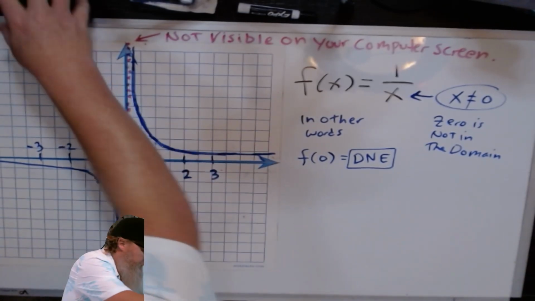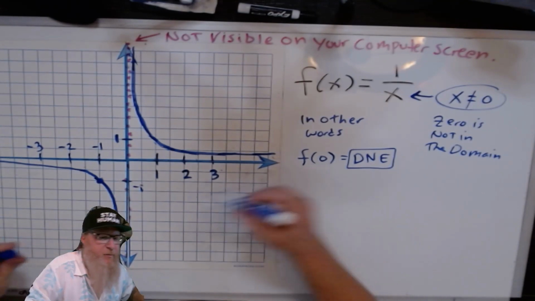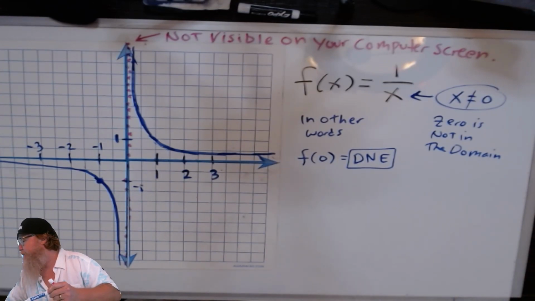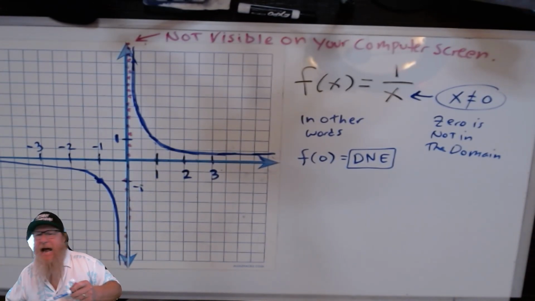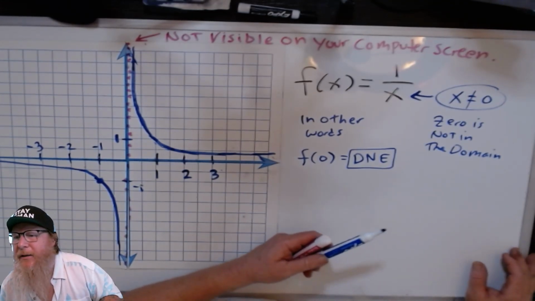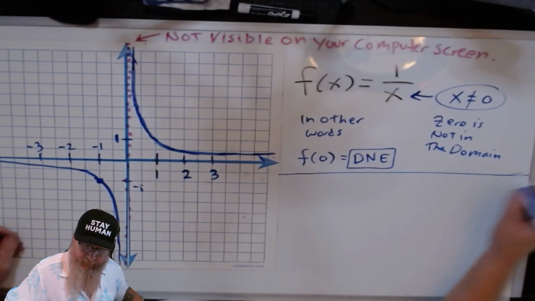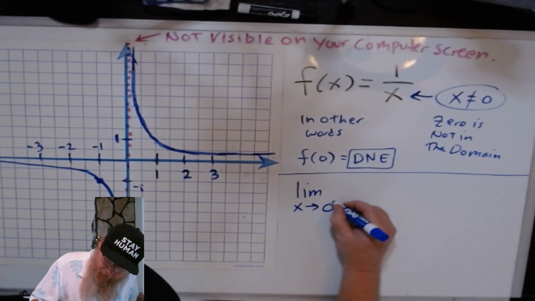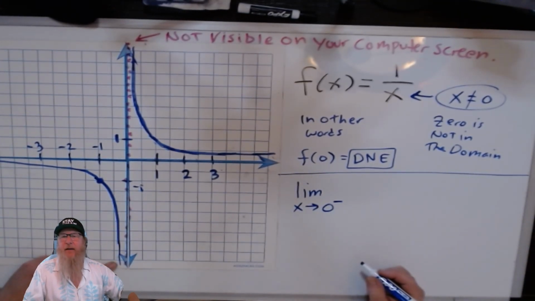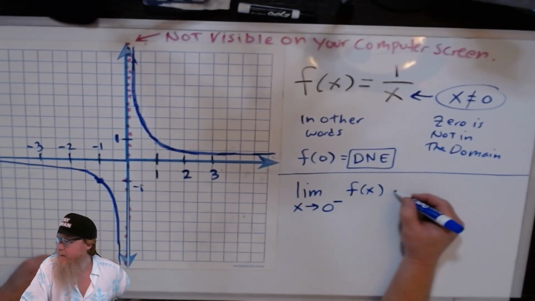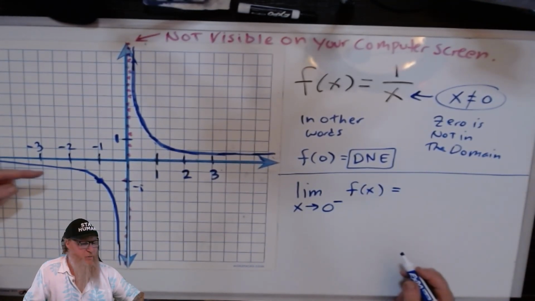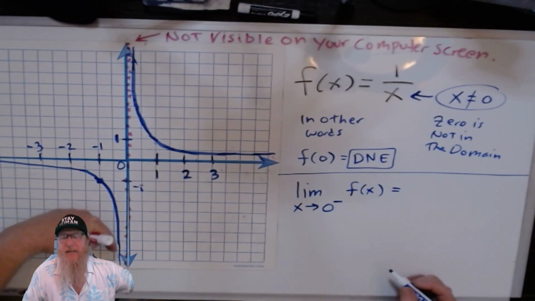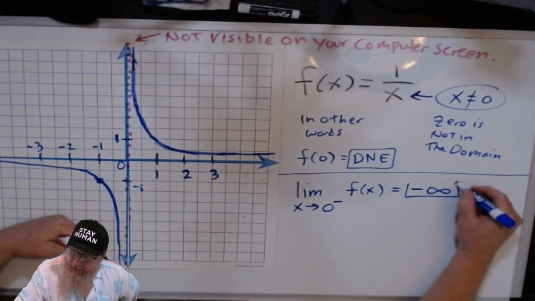Okay. Now, this gets a little tricky here because we're sort of getting into the deep end of the pool here. And I'm getting to the end of my rope on this problem. As we approach 0 from the left, so here's x equals 0, as we approach it from the left, the limit is going to negative infinity.